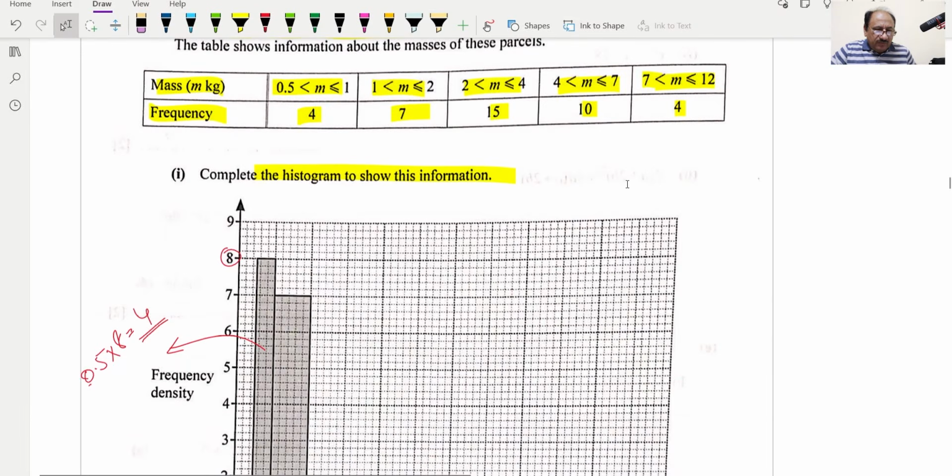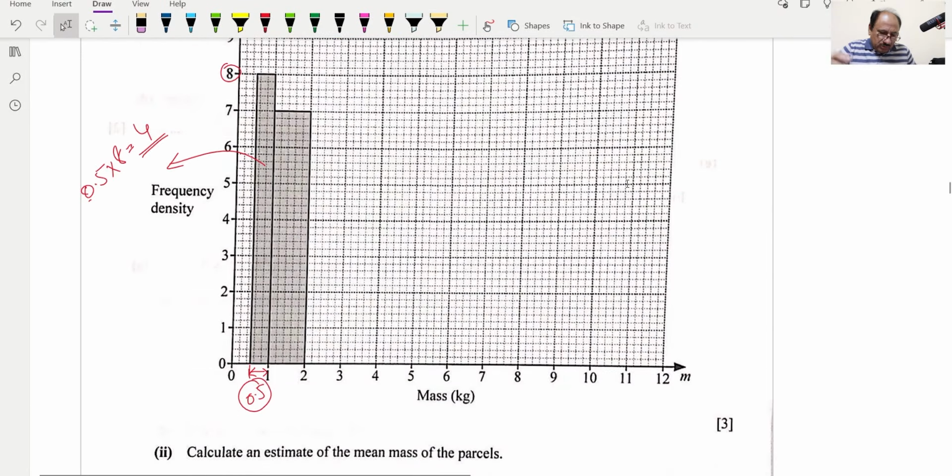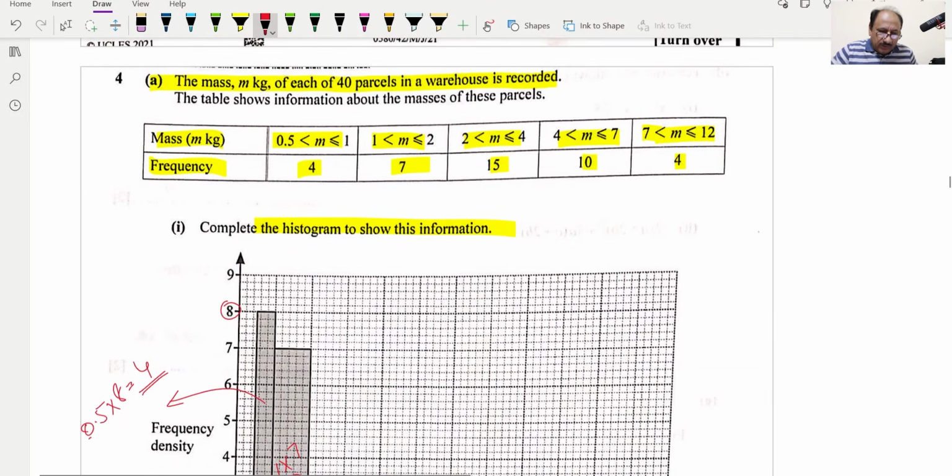So similarly 1 to 2 is 7. So 1 to 2 is this width, which is 1 in this case. So 1 multiplied by 7 will be 7, and the frequency is provided over here.